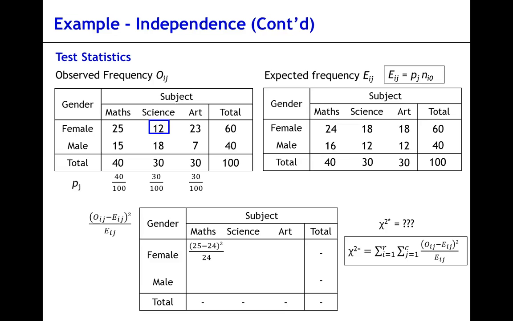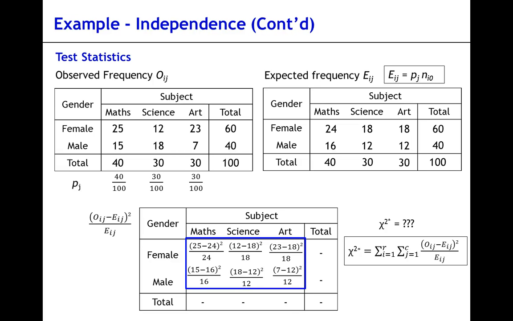For the first row and second column, we substitute O sub ij with 12 and E sub ij with 18 to get this value. Do the same for the other categories. Finally, to get the test statistic, add all the values together to get 8.576.